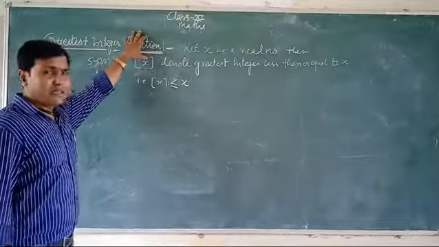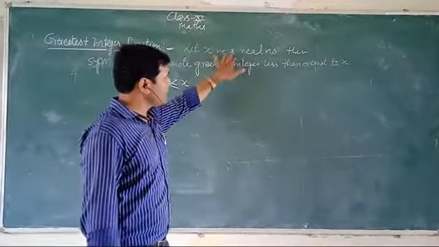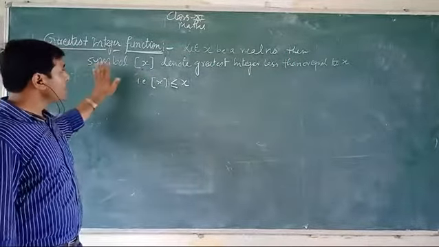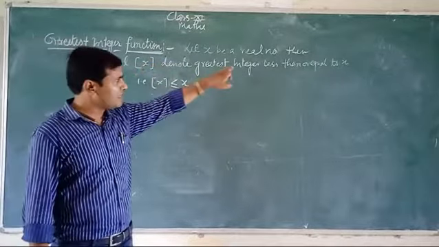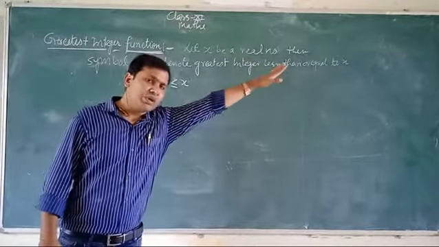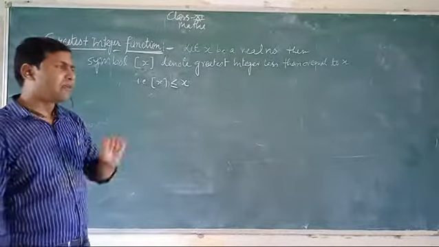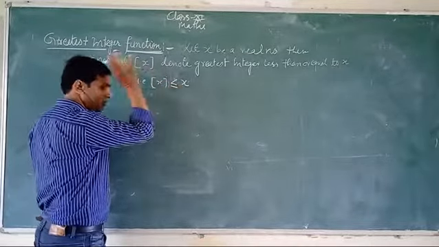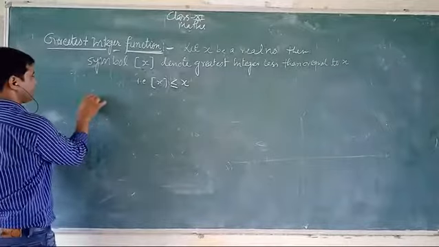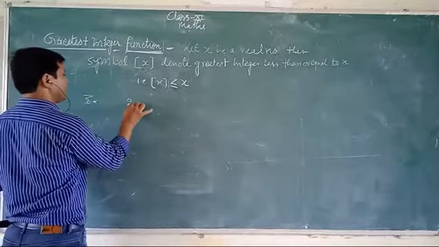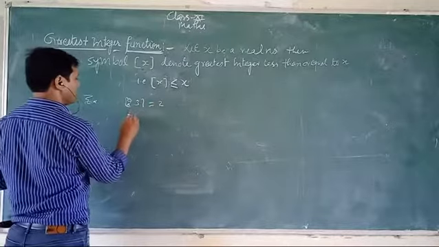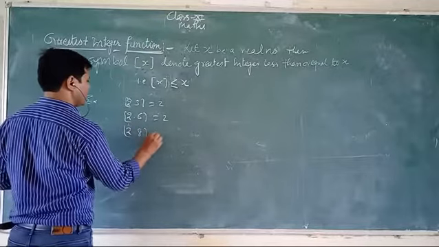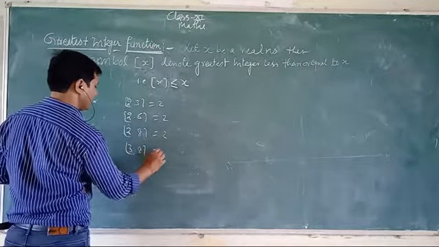Greatest integer function. Let x be a real number. The symbol [x] denotes the greatest integer less than or equal to x. Example: the value of [2.3] is equal to 2, [2.6] is equal to 2, [2.8] is equal to 2, [3.8] is equal to 3.